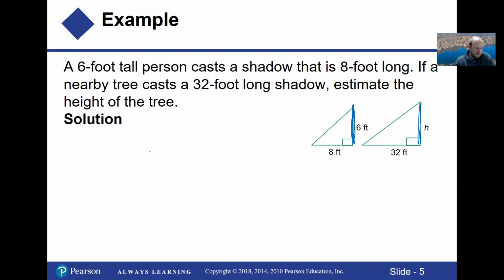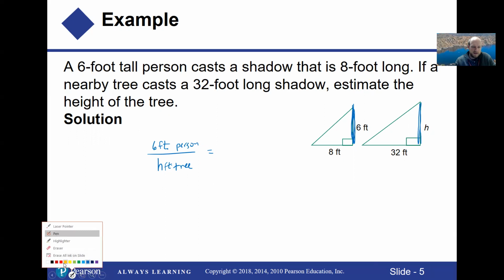So what we could do is we could take 6 feet, the person, over an H-foot tree. And then that equals what? Well, let me use another color.